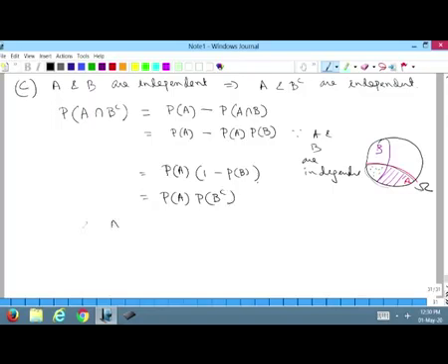Therefore, A and B complement are independent. Therefore, C is true.